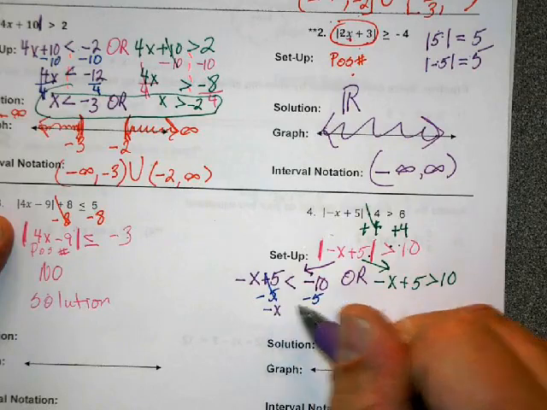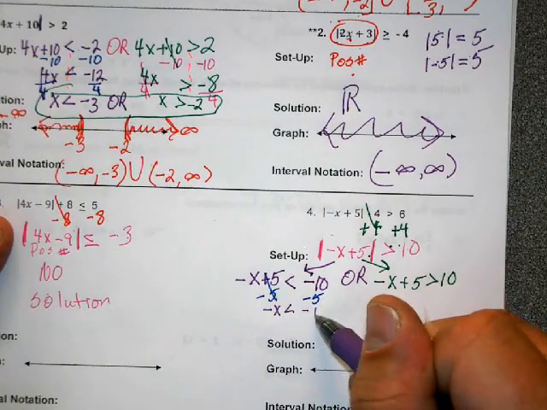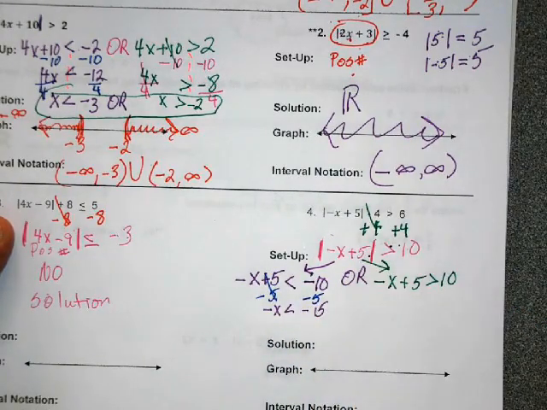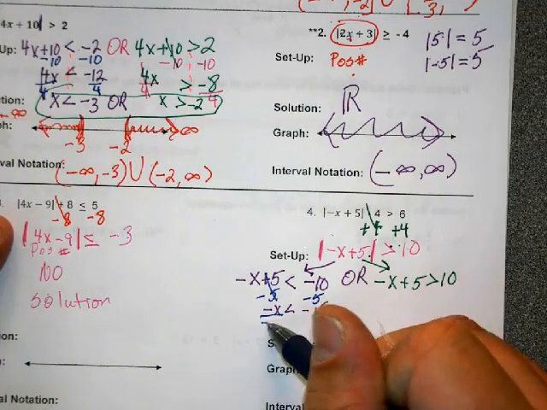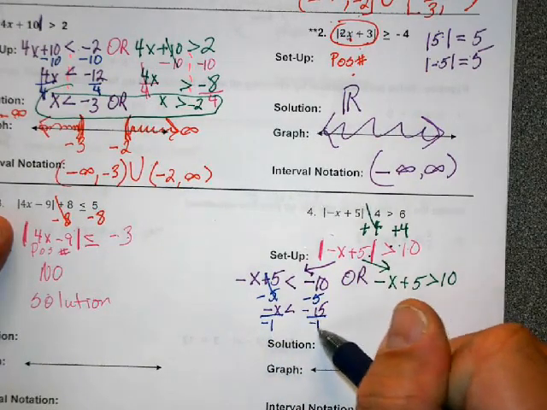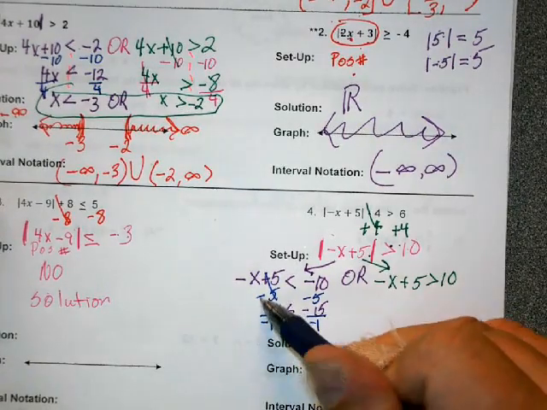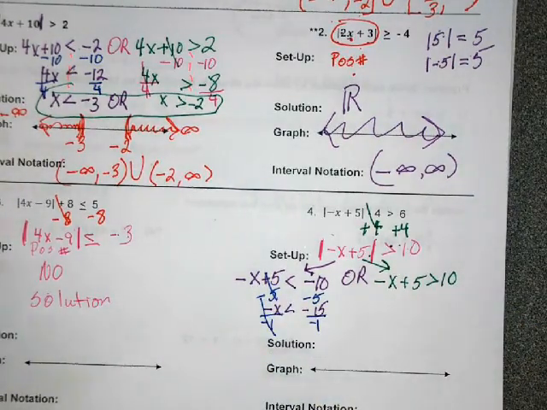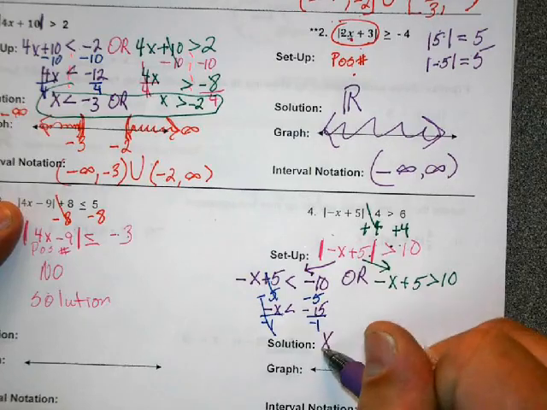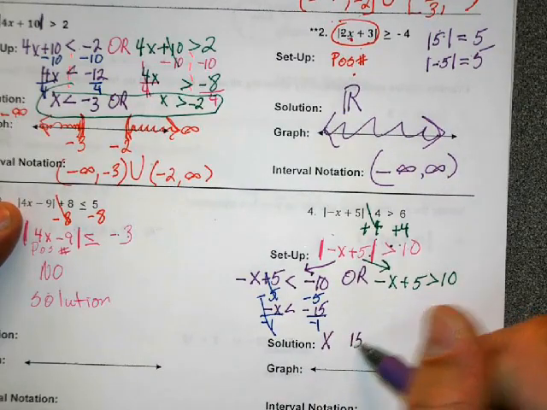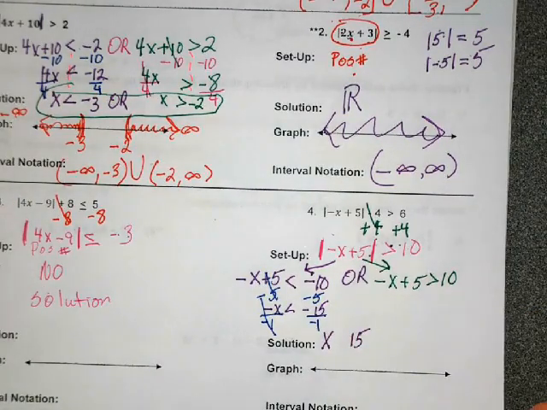So I'm going to divide or multiply by negative 1. Could divide or multiply, doesn't matter. By negative 1, cancels out. What do I do with the sign? Keep it or flip it? Flip. I'm dividing by a negative.